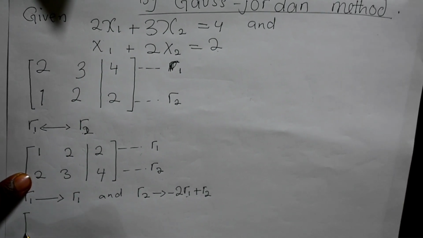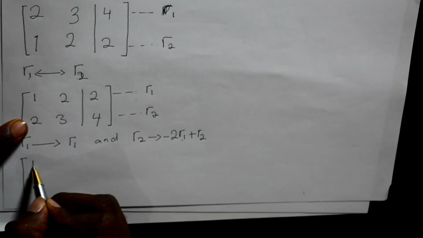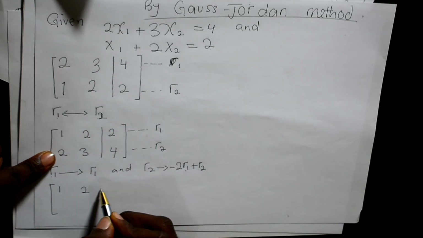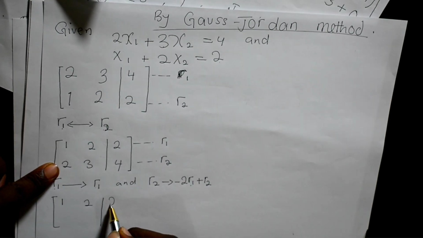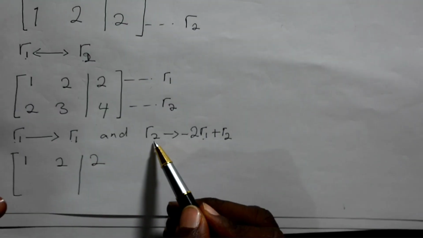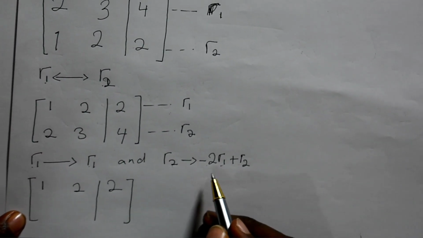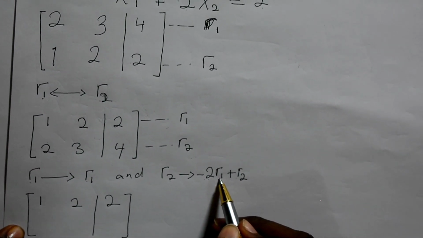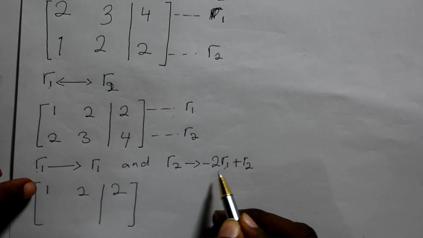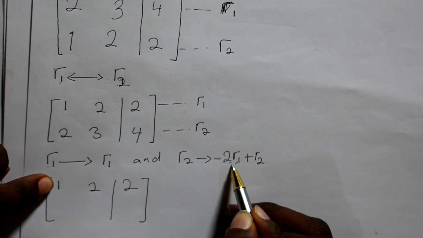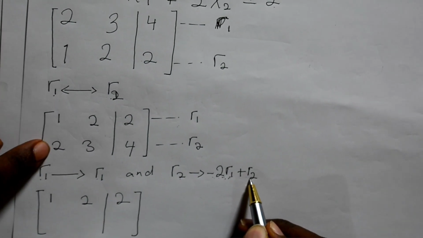So this will look like we are going to keep our row 1 since row 1 remains row 1. 1, 2 and 2. So now we are going to look and change row 2. Row 2 is -2 row 1 plus row 2. -2 row 1, -2 times 1, then plus row 2, plus 2.